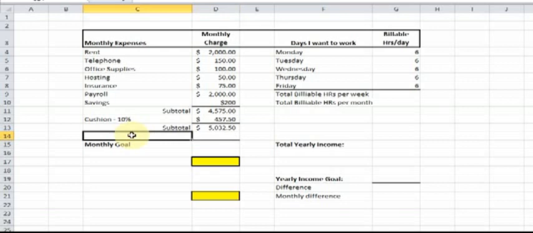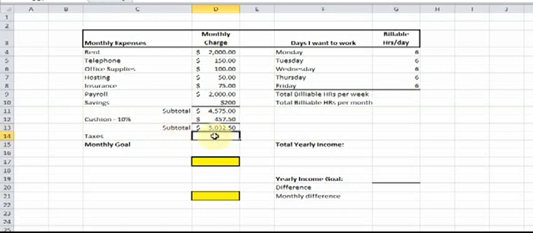Now from here, we need to also put away money for those taxes. So if we're making that amount of money to pay these expenses, which I'm hoping you are, then you'll want to put away the tax amount for that amount of money until you need to pay the taxes.